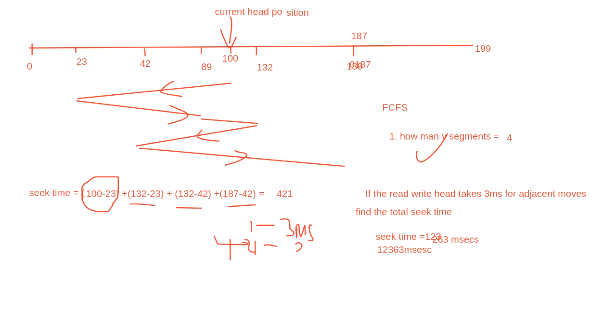But you see it is going in this direction, again coming back, again coming back. Because of this, a lot of head movements are possible and the seek time increases automatically. So this doesn't give you good performance.